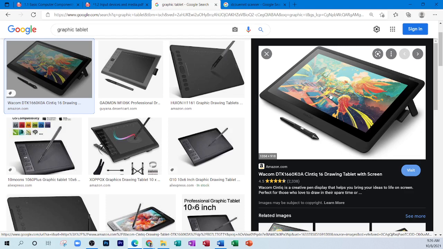Just like if you're writing, if you barely put your pen to the paper, you're barely going to see any markings on the paper. But if you start pressing harder on the pen, then you're going to see the pen appearing darker on the paper. So the same with these tablets, they detect different levels of pressure so that it helps a little more with drawing.